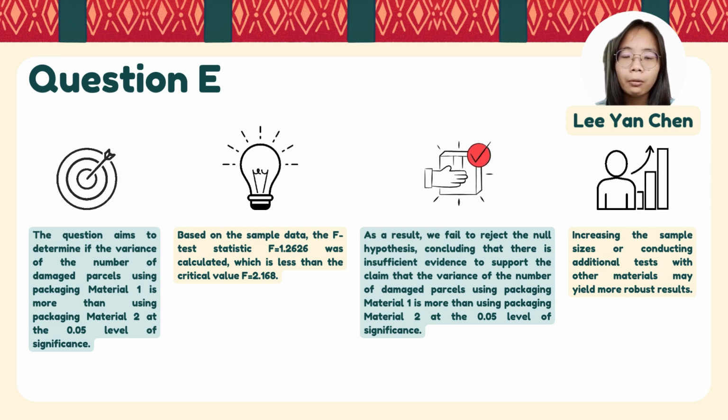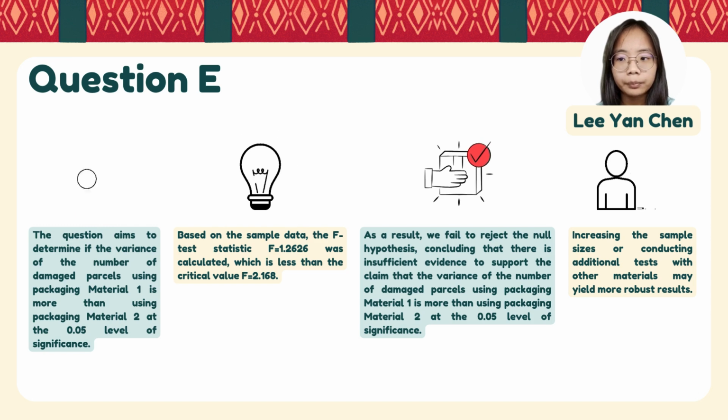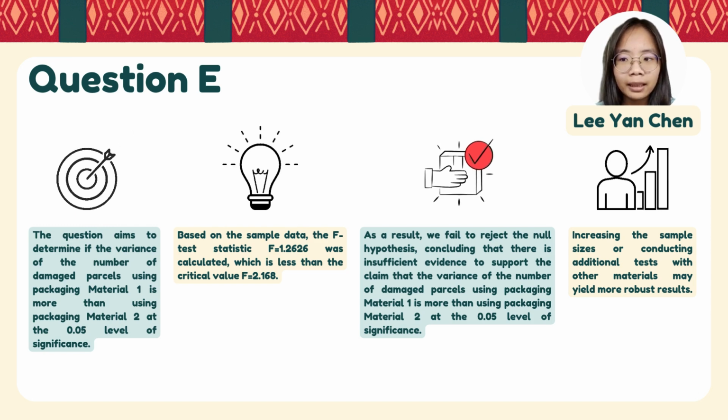As a result, we fail to reject the null hypothesis, concluding that there is insufficient evidence to support the claim that the variance of number of damaged parcels using packaging material 1 is more than using material 2 at the 0.05 level of significance. Increasing the sample size or conducting additional tests with other material may yield more robust results.